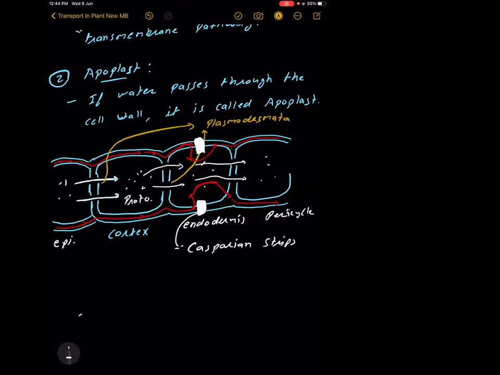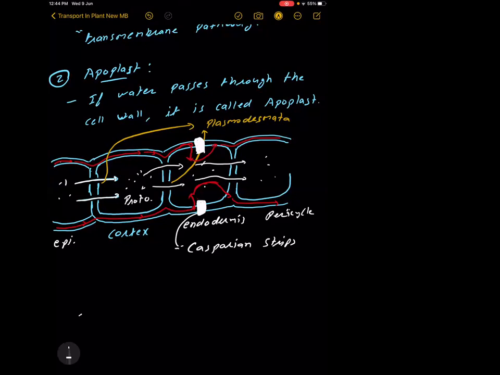These are junctions, not exactly gaps, the interconnection between two cells, so that materials can be transported between two cells. They are called plasmodesmata. These types of junctions are also present in epithelial cells. The zoology teacher will teach you this part. They are called cell junctions.